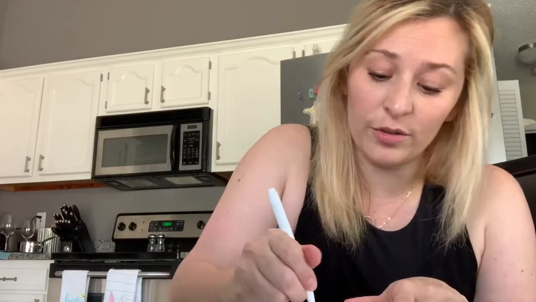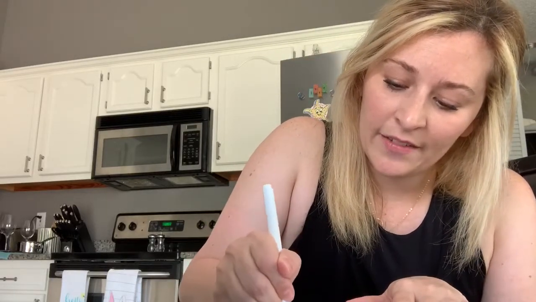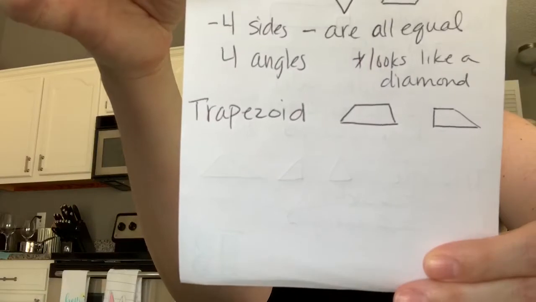Okay. Our next shape has also got 4 sides and 4 angles. Goodness gracious, there are so many 4-sided shapes. Okay, let's see if I can draw it the best that I can. I drew it 2 different ways. This one's called a trapezoid.